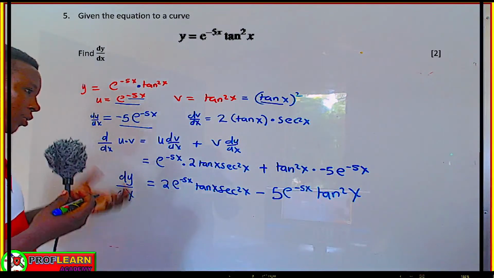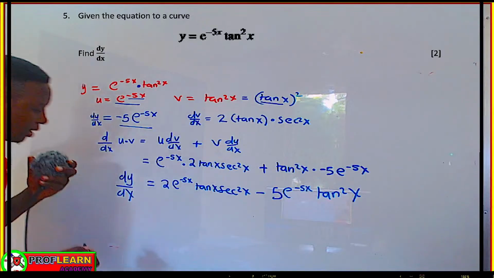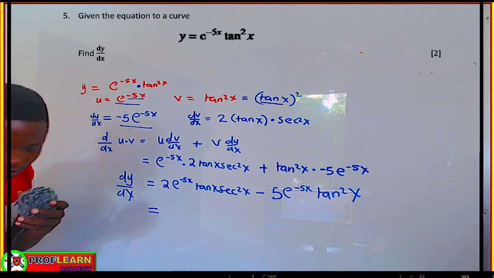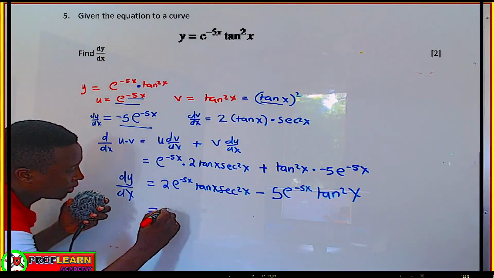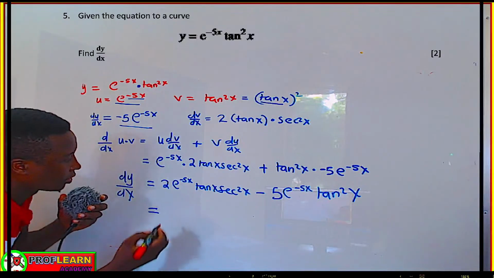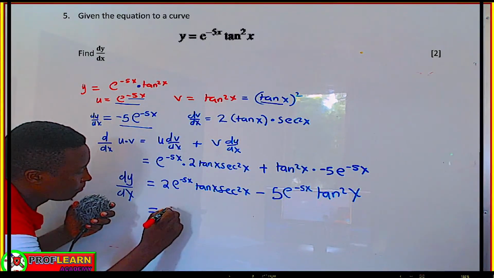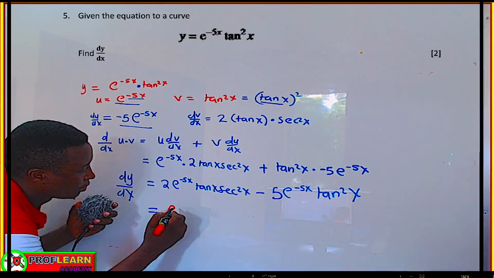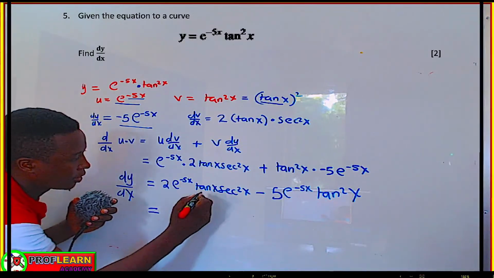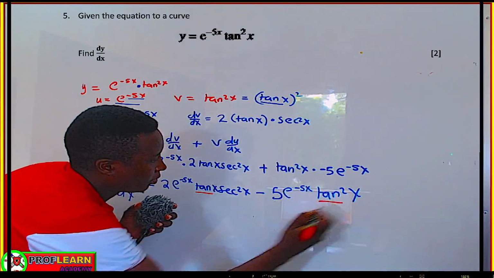Maybe if we are supposed to factorize out things and make the examiner happy, we can say this can be written as, okay, we can see there's tan x, there's also tan x here.